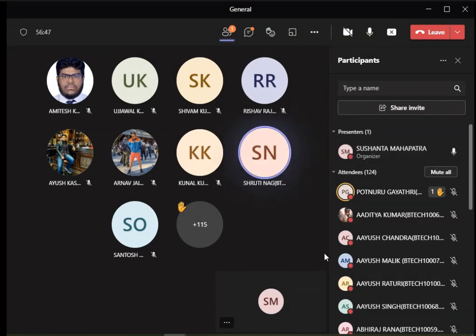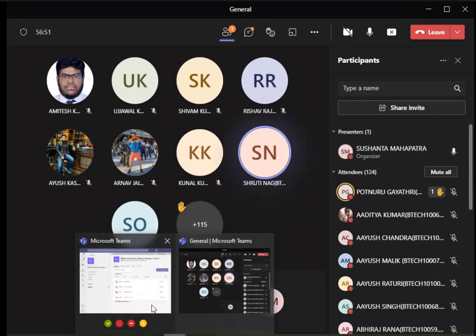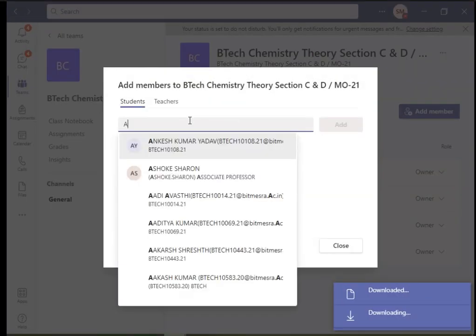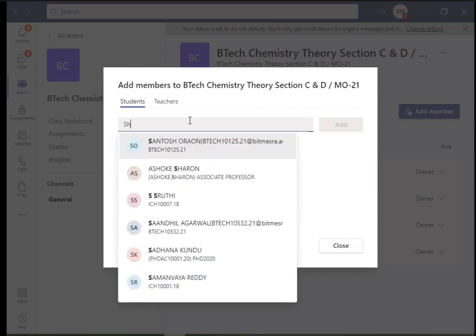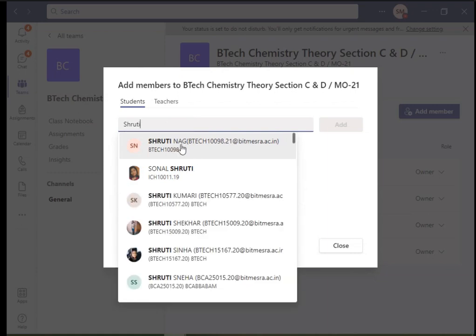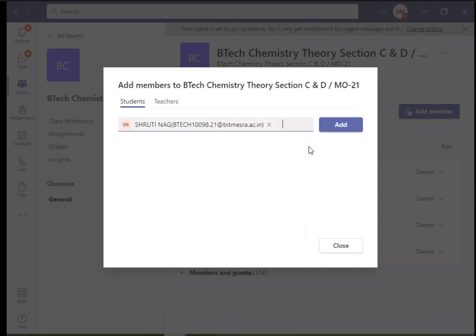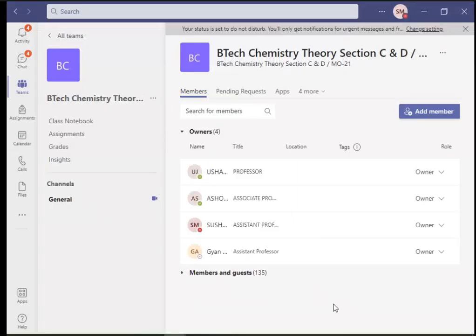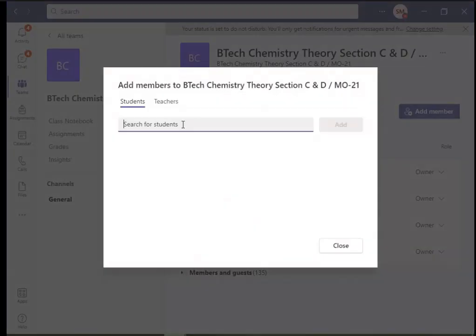Can you add me also? Your name? Shruti Nag. Yes, sir, roll number 98. Thank you, sir. If any of your friends are left, please leave a message. Sir, please also add me. My name is Mayank Kumar.